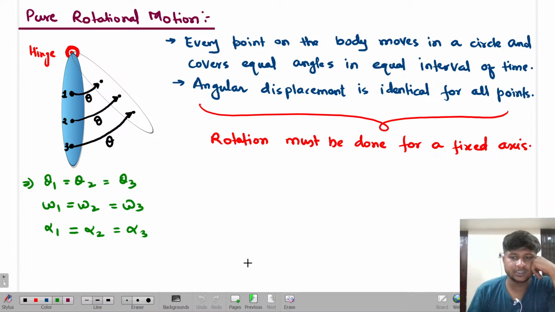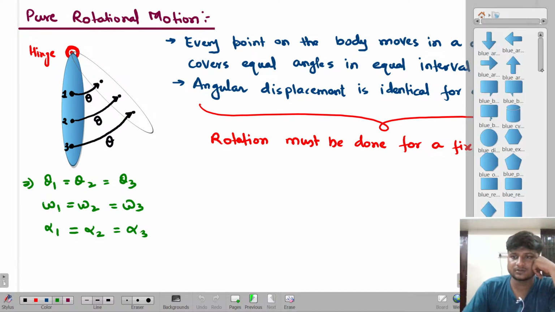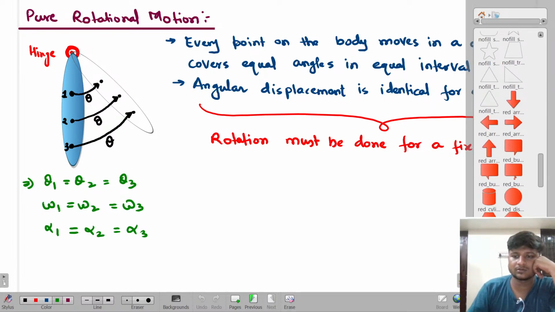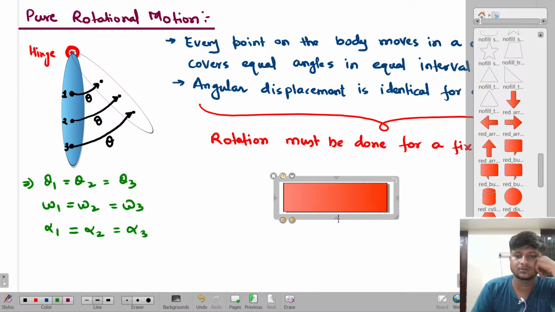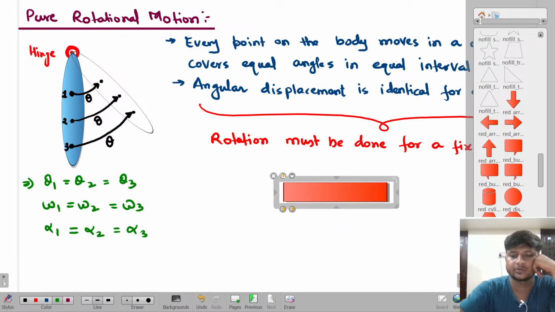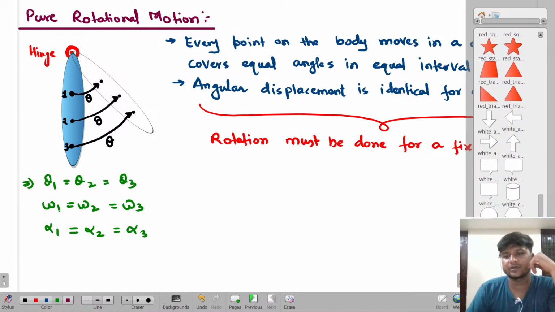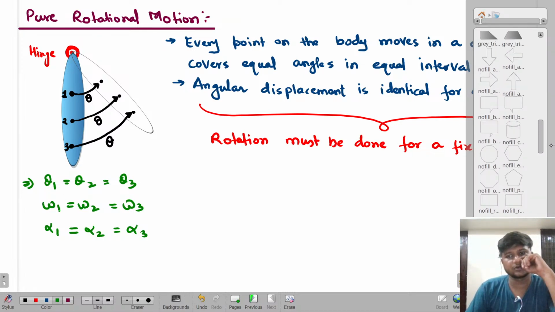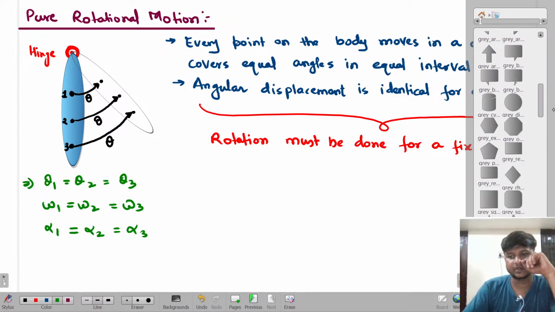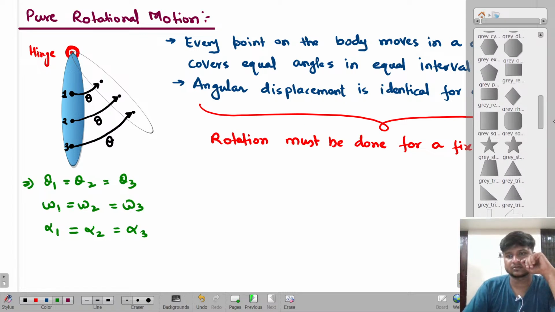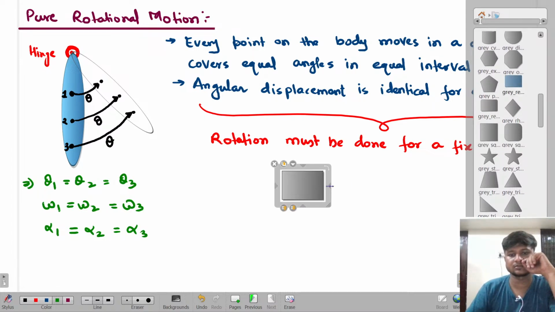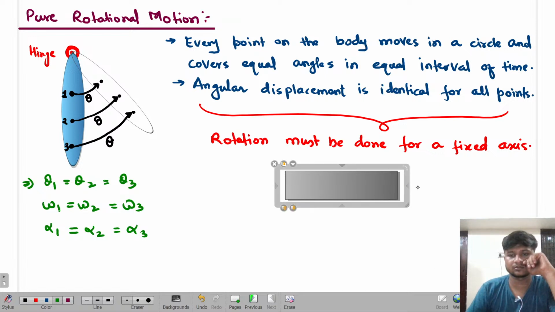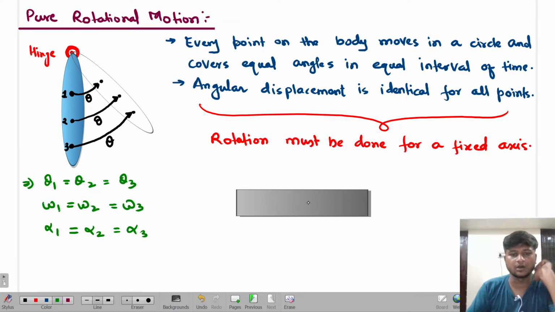You can also take one more example. Let's suppose I have a rod. Let me take a different color. As I told you, I'll make you understand rotation in a perfect way. Let's suppose there is a rod.